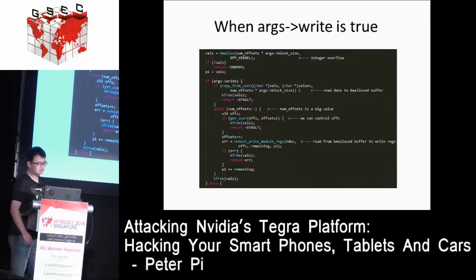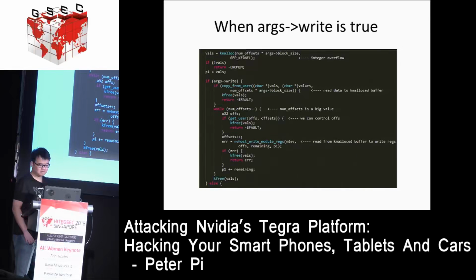Each time read an offset from user space by calling get_user, and then call the nvhost write module regs to write the buffer content to the register. When writing, you can specify an offset read out from user space, and the remaining is the block size.